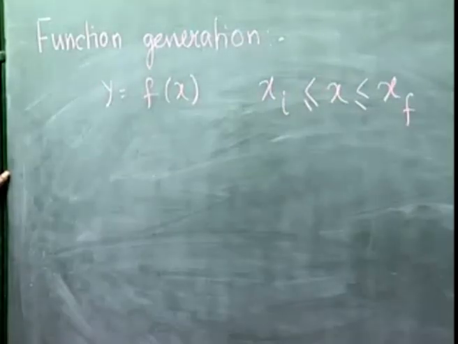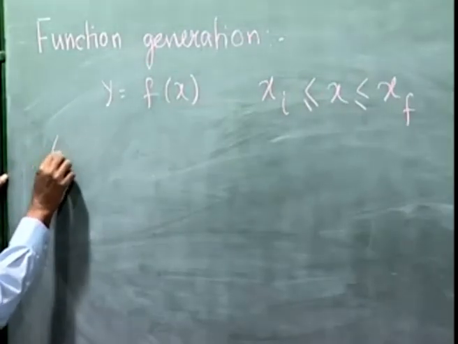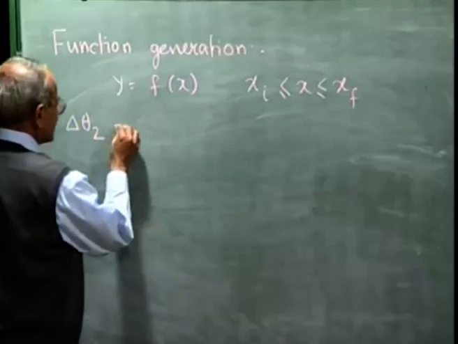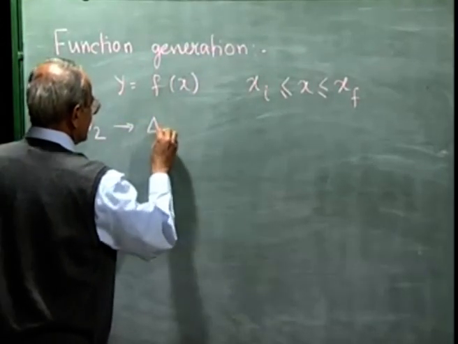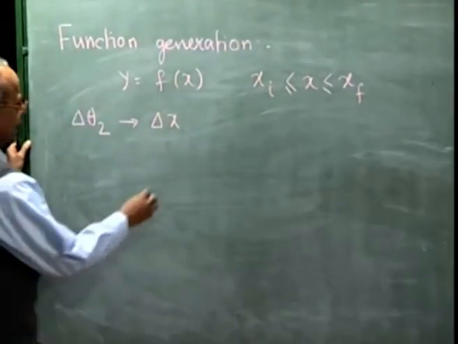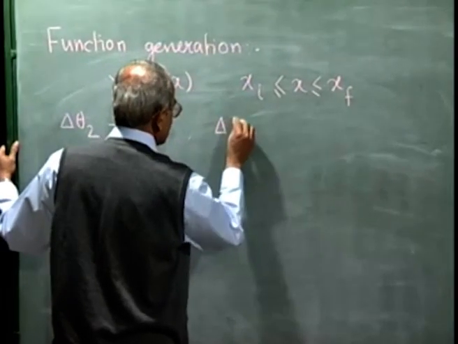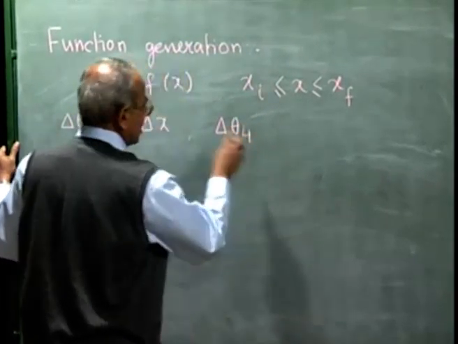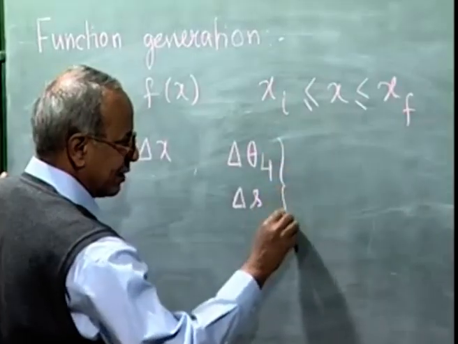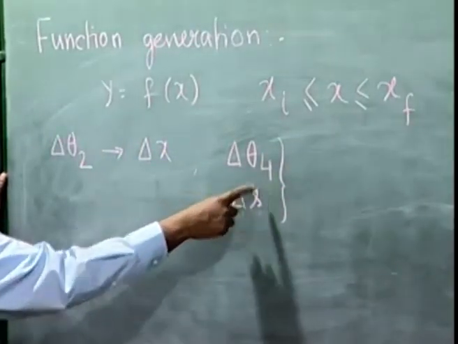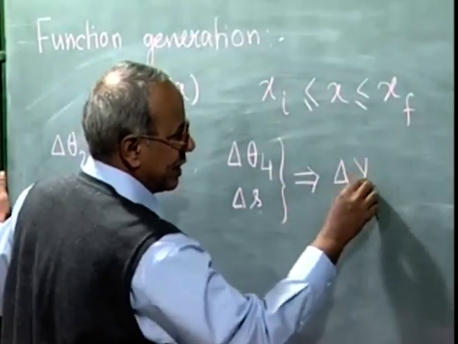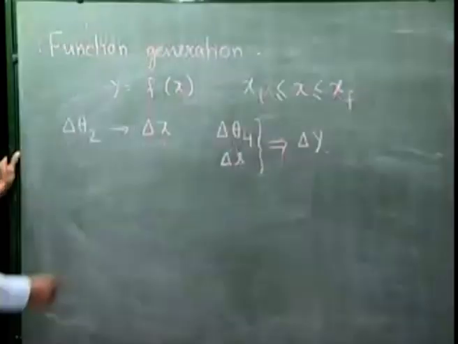What it basically means is that the input movement, for example, the movement of the crank, delta theta 2, represents the change in the independent variable x, that is delta x. Similarly, the change in the output variable, for example, delta theta 4 in case of a 4R link or delta s in case of a slider crank, represents the change in the dependent variable y, that is delta y.